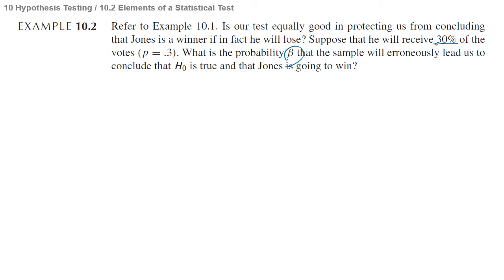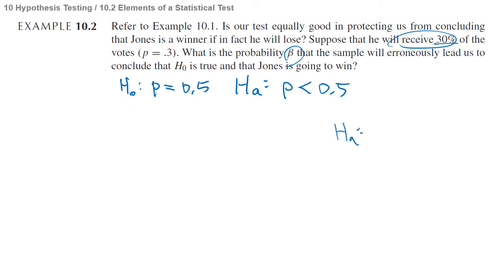And actually, the situation is like this. H0 is p equals 0.5, and the alternative hypothesis is p less than 0.5. And assume that Jones received 30% of the vote, so the truth is p equals 0.3.